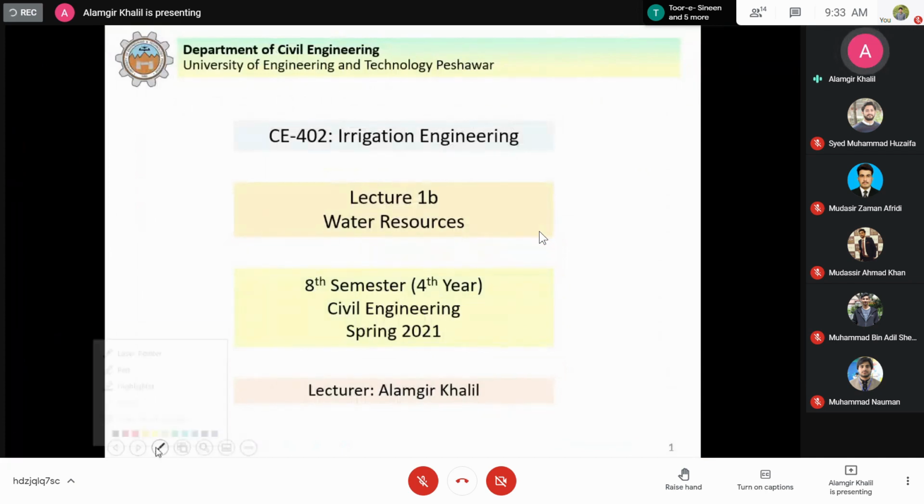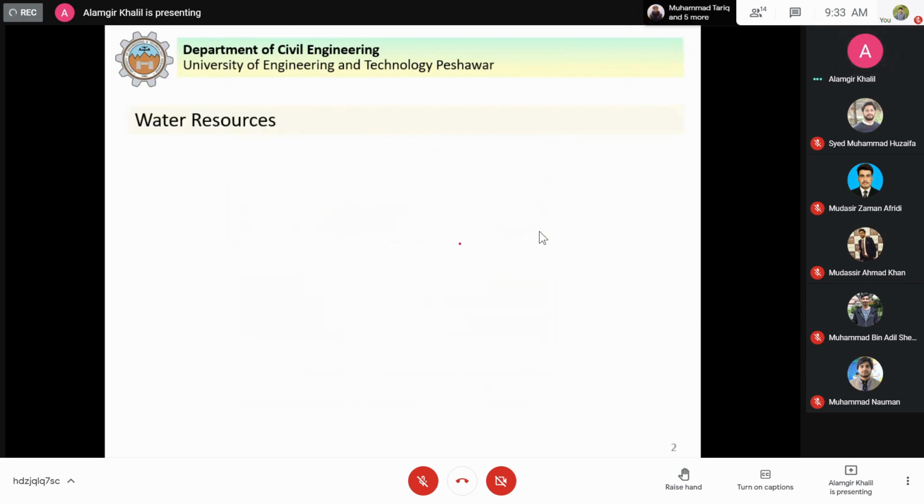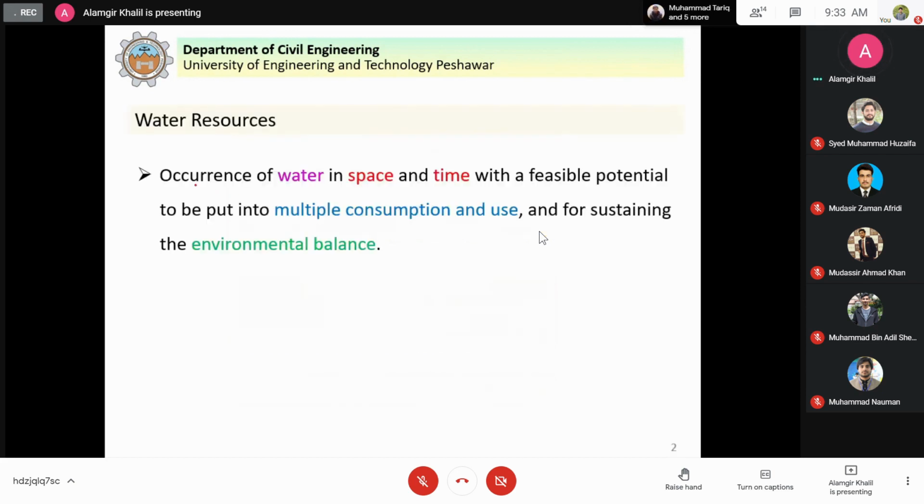Okay, Bismillah Rahman Rahim. Now in the second part of the lecture, we will study the introduction to water resources. Water resources are the occurrence of water in space and time with a feasible potential to be put into multiple consumption and use, and for sustaining the environmental balance.